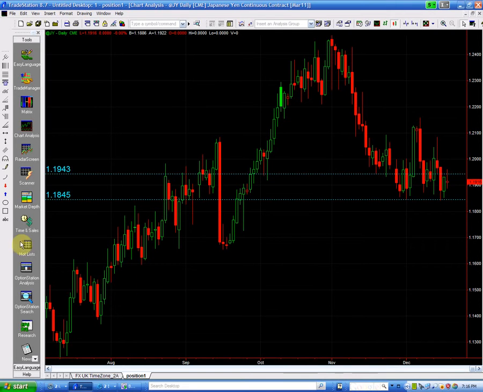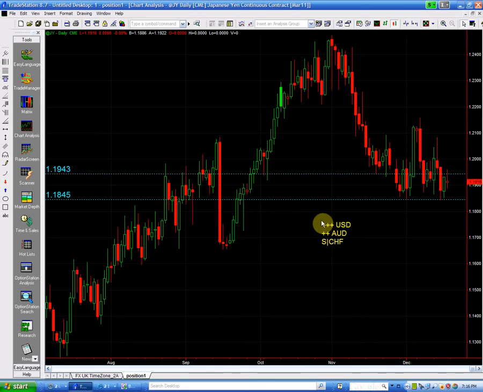So this is the hierarchy that we're going to use. My first one, the strongest, is the US dollar. The second one is going to be the Australian. The third is still the Swiss franc. Okay.